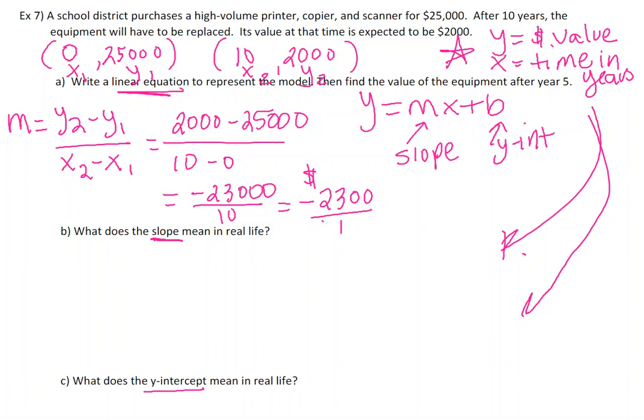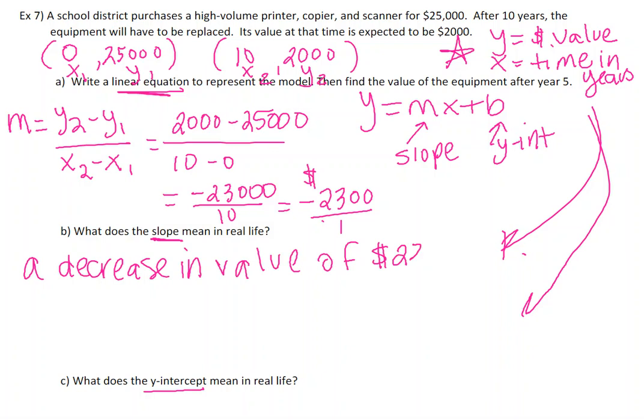So right there, you already have kind of your answer for the slope. So the slope represents a decrease in value of $2,300 per year.